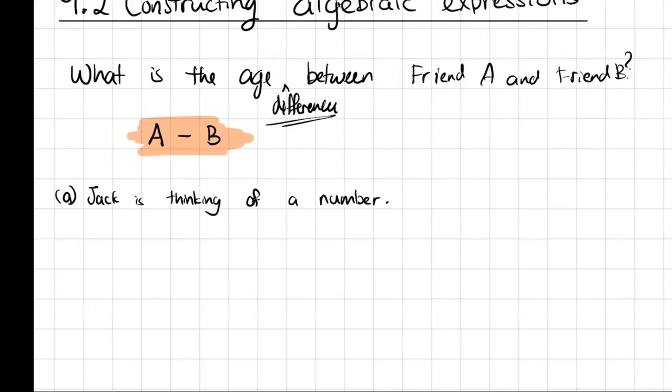No. So this number is the unknown. Normally in algebra, instead of just putting a question mark, we represent the unknown with a letter. So the number I just say is the letter X.